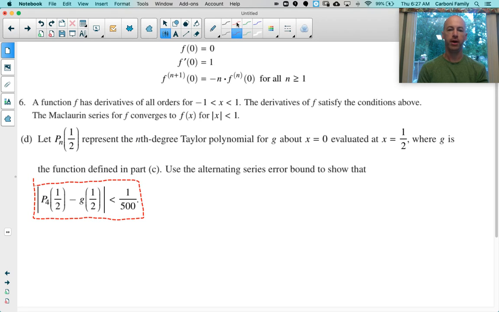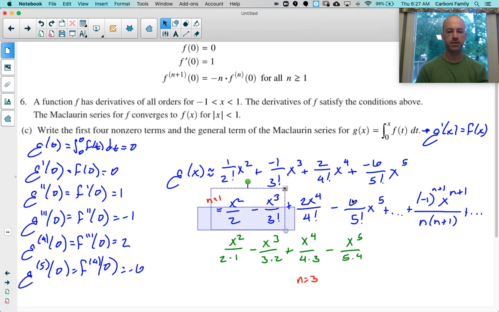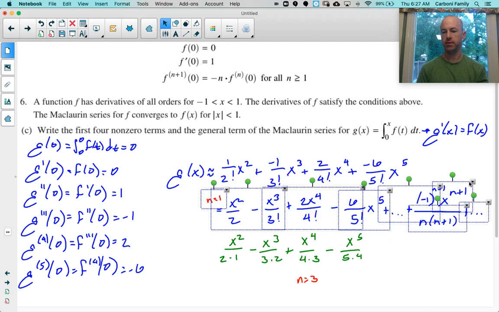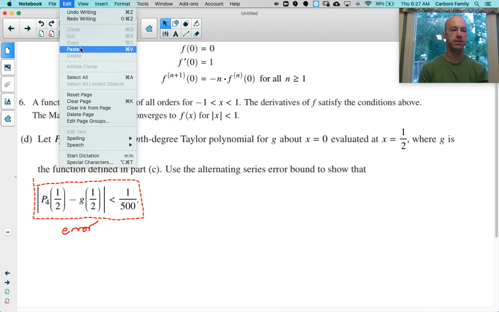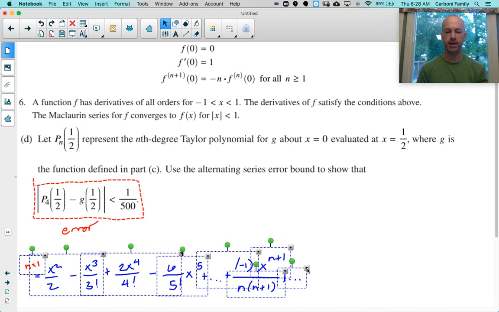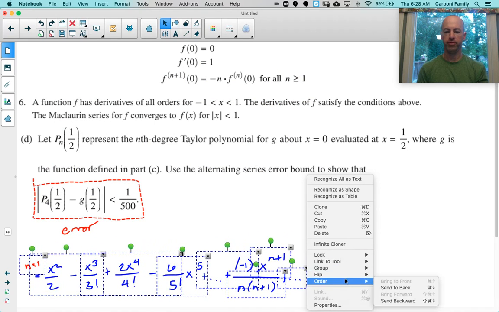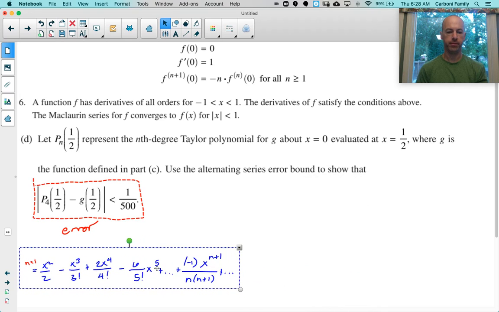Okay, so this is our error. And so I'm going to go back and copy this so I can look at that in this question. So edit, paste. All right, so there is my polynomial for G. Shrink that up a little bit.